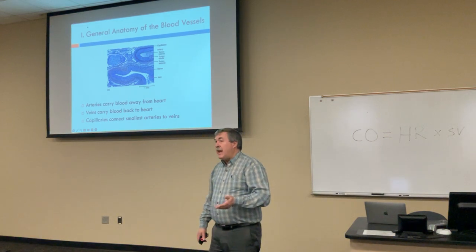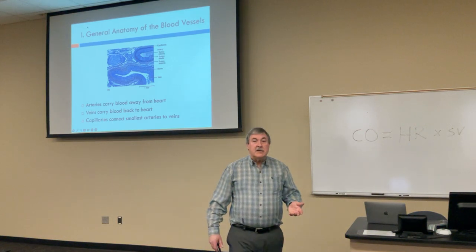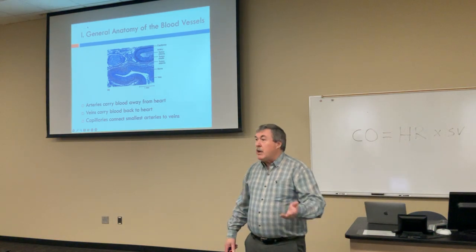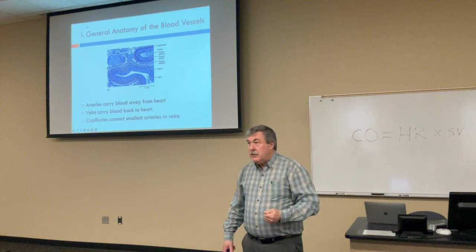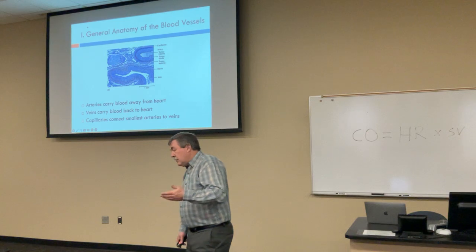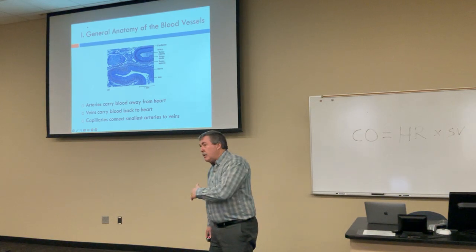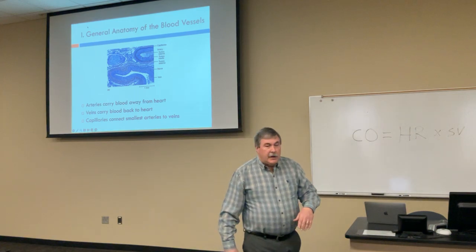That's not always the case, though, because the pulmonary arteries in the pulmonary circulation carry unoxygenated blood. So you can't say that arteries always carry oxygenated blood. But they do always carry blood away from the heart.